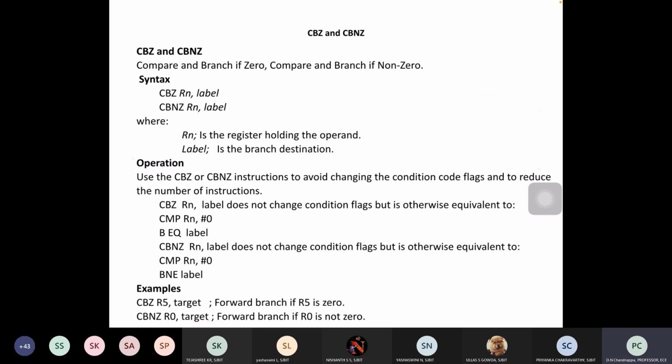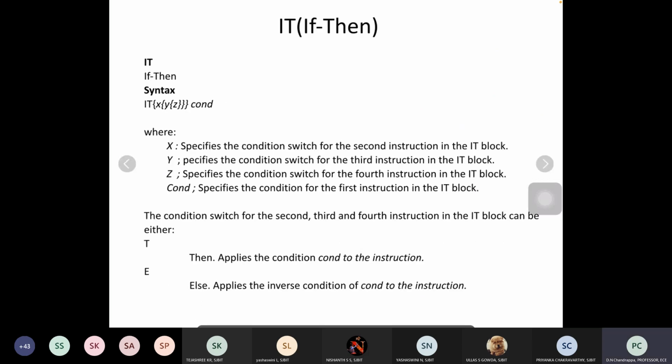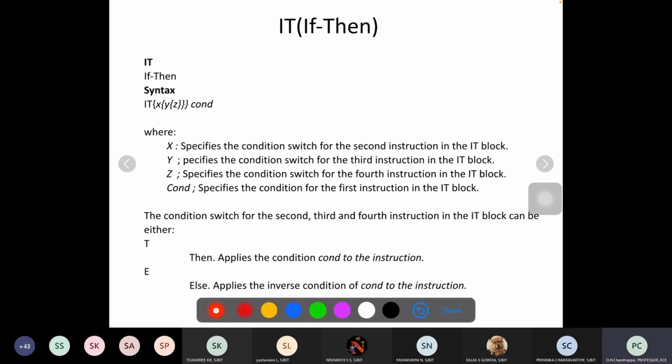All of you please take down the syntax. Otherwise, if you have not followed the syntax, it's very difficult to analyze the future slides, where I have considered some examples. So all of you copy down this content.